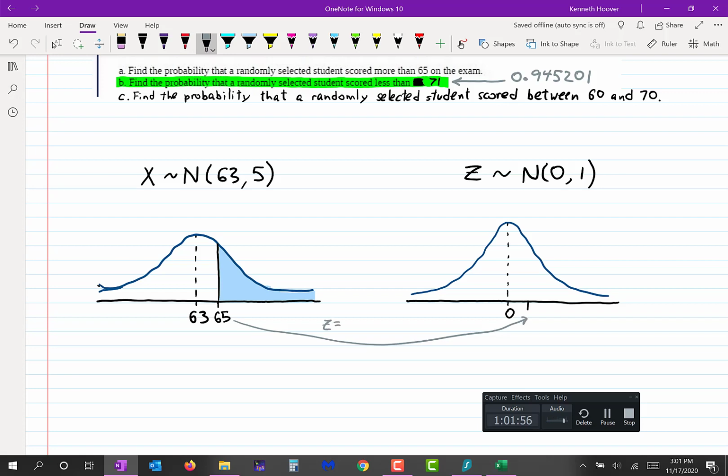Z equals your x value minus the mean of the distribution divided by the standard deviation of the distribution. So that comes out to 2/5. So that is 0.4. Okay, that's my z-score.